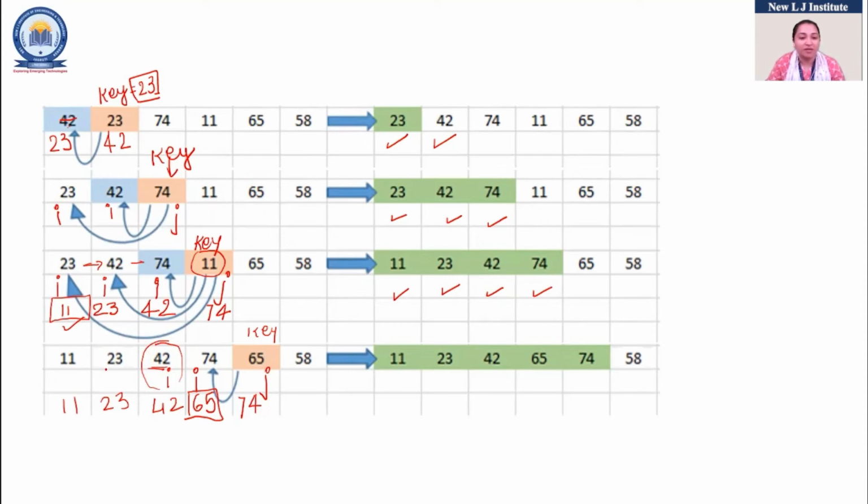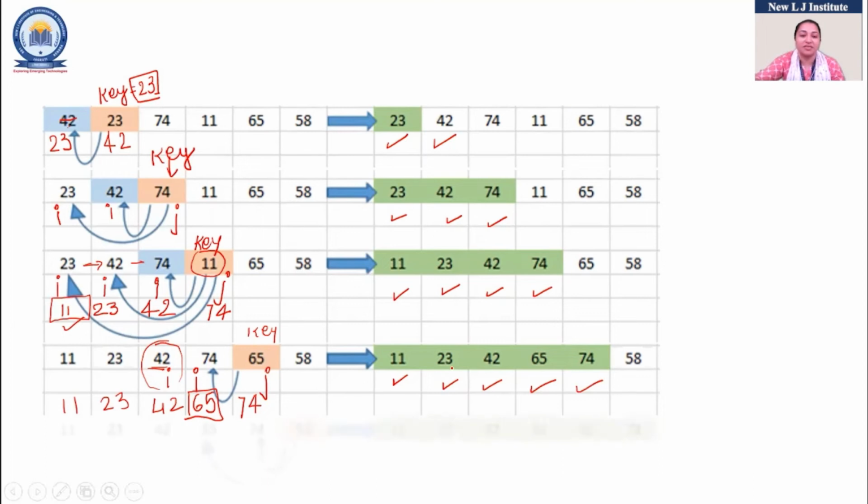So no need to compare the rest of the elements with the key now. That's why we will get the proper position to insert 65 over here, right? So we have fixed position 11, 23, 42, 65, 74.